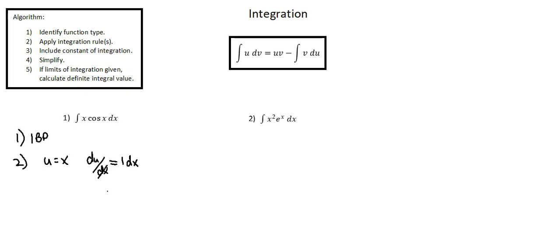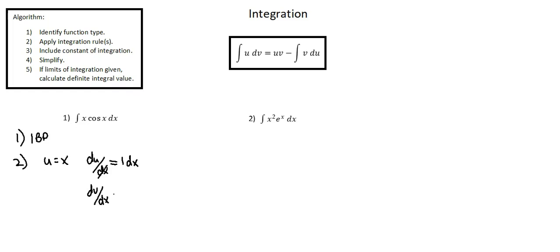I also want to identify the v function. Notice in the formula, the left-hand side of the equation is the integral of a multiplication of two terms, u and dv. So in our example, the two terms x and cosine x will be assigned to u, which has been assigned, and dv. I'll start with dv over dx, the derivative of v with respect to x.